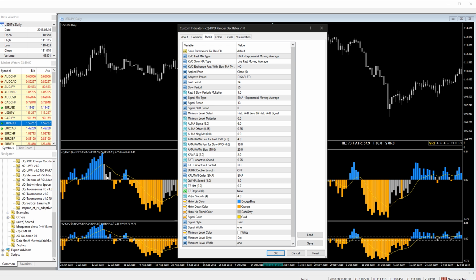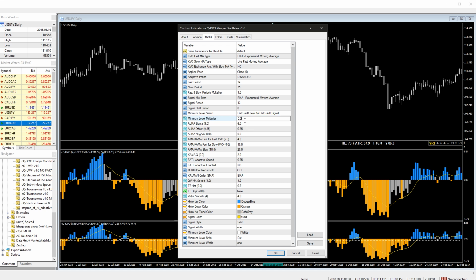So the histogram has to be above 0, and it also has to be above the signal line, which it is, or below, again. Right here, it's above the signal line. Here, it's below the signal line, evidently. These are all below the signal line. But here, it's below the 0 level and below the signal level. Here, it's above the signal level and above the 0 level.